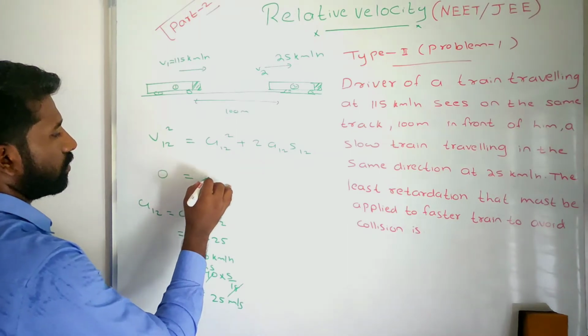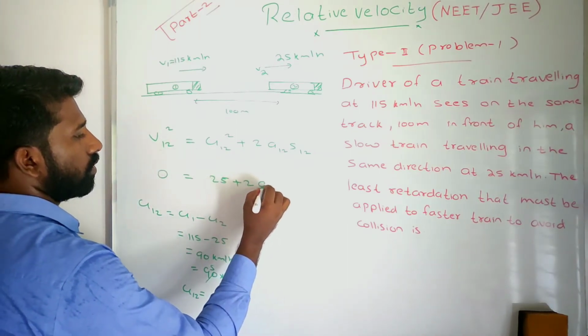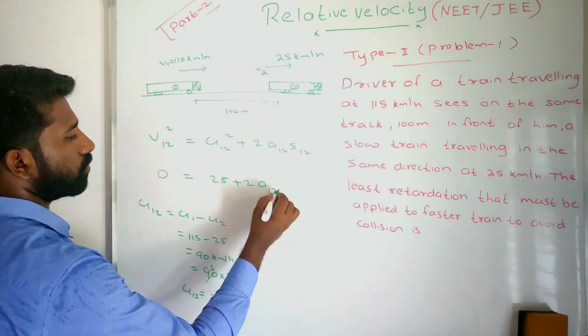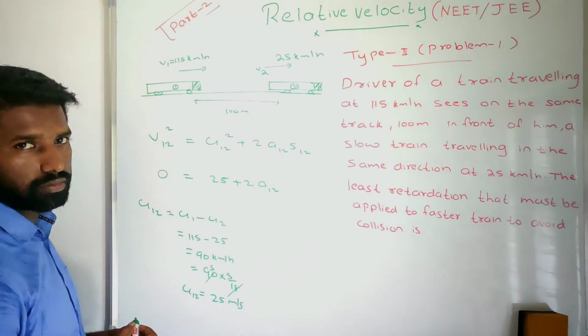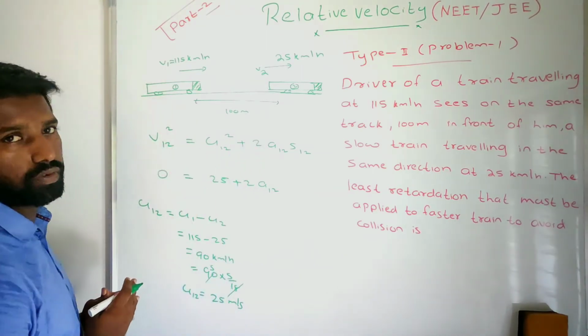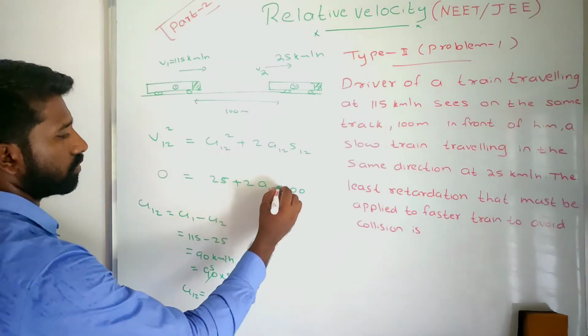Okay, clear? So this is 25 squared plus 2 into the acceleration of the first body with respect to the second body, and the relative displacement. What is the relative displacement? That we need to cover is 100 meter. Okay, clear?